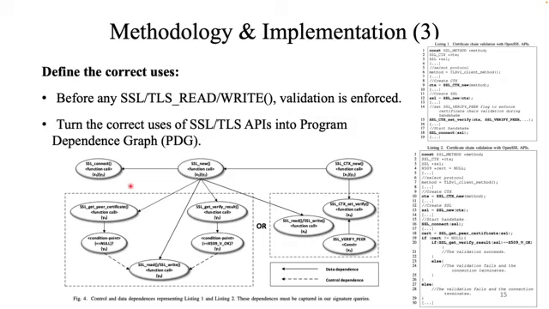Okay, so we will have two correct usages. The first one is to retrieve the chain of certificates after the handshake and see if they are valid, and the other one is to set up the parameters for verification before the handshake.